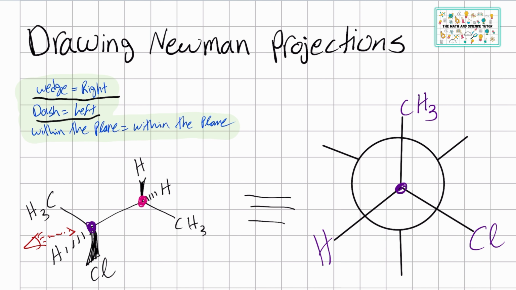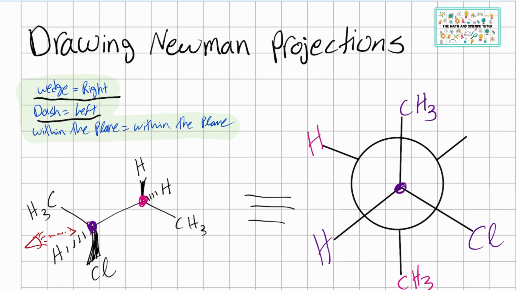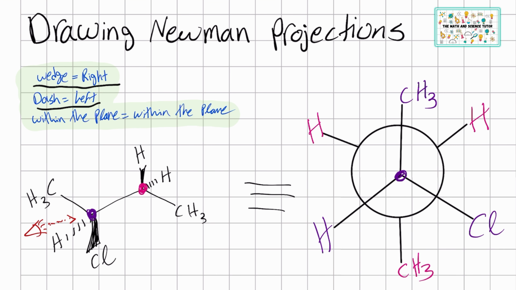As for the back carbon, the methyl group is facing downwards within the plane, so it'll be here. This hydrogen is on a dash, so it'll be on the left side. This hydrogen is on a wedge, so it'll be on the right side. And this is what the conformation is going to look like when looking at the compound from this angle.